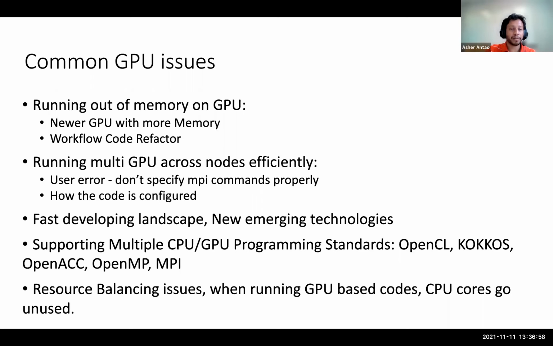Piggybacking off this is also running multi-GPU nodes, and jobs across nodes. A lot of users sometimes are very used to running MPI jobs on CPUs, so the -np 64 is quite common, and then they suddenly find it does not translate as well to running multi-GPUs. Those are some common issues we find.